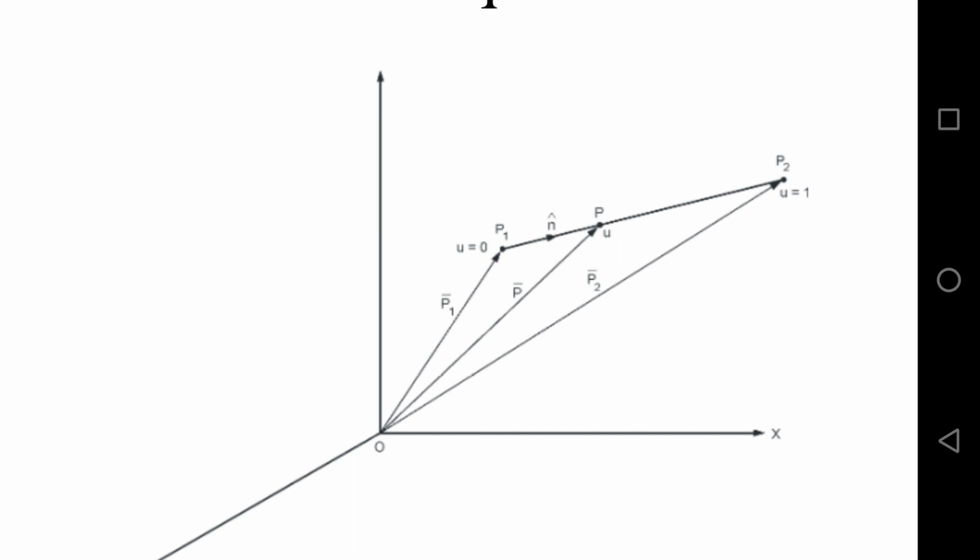Vector in the sense it has a magnitude and direction, and positional vector in the sense it represents the position of P1 with a magnitude and direction. P2 has P2 bar and P has P bar. The point P we considered anywhere on the line has the value of the parameter u. And n cap is a unit vector.